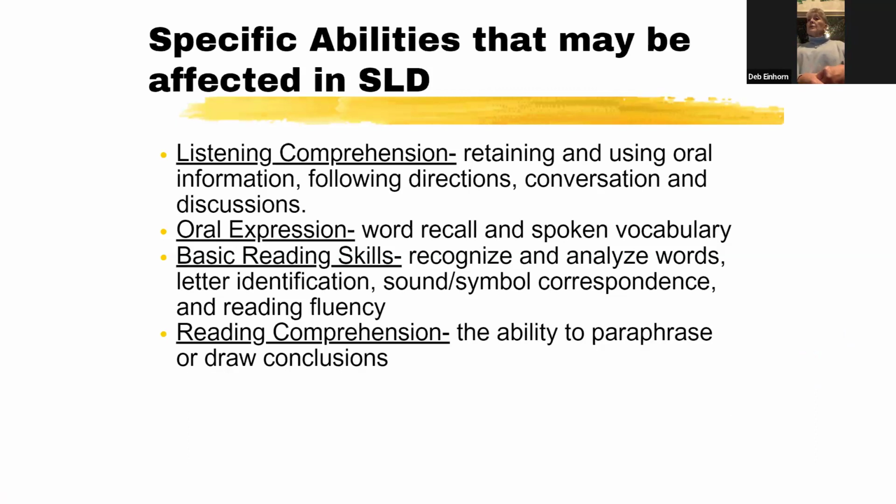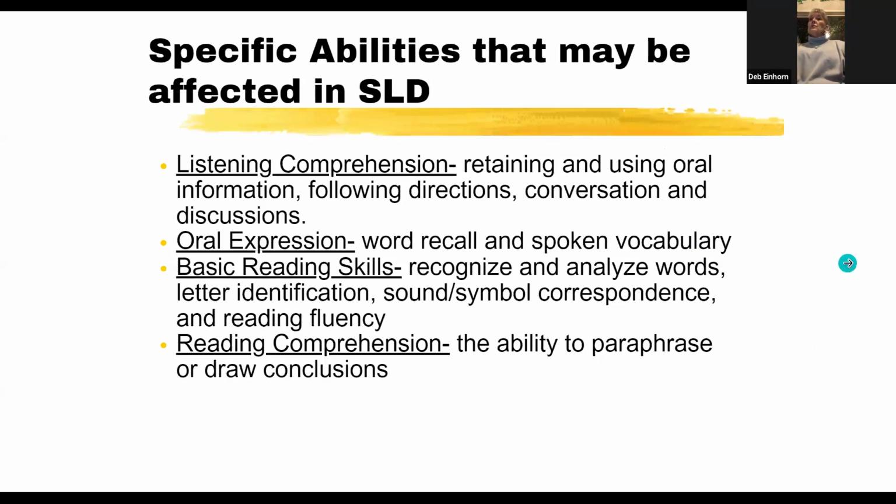They might have trouble with oral expression where they can think and understand something very well, but they might not be able to express it orally. They might be able to write it, but they might not be able to recall the words or use vocabulary to the same extent that typical kids can. They might have trouble with basic reading skills to recognize and analyze words.